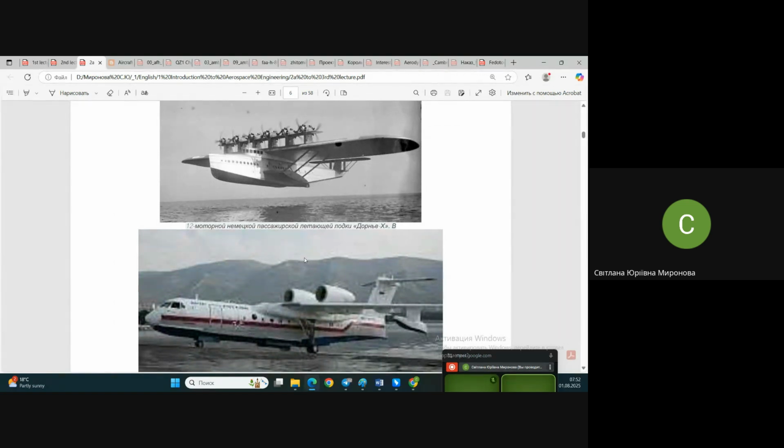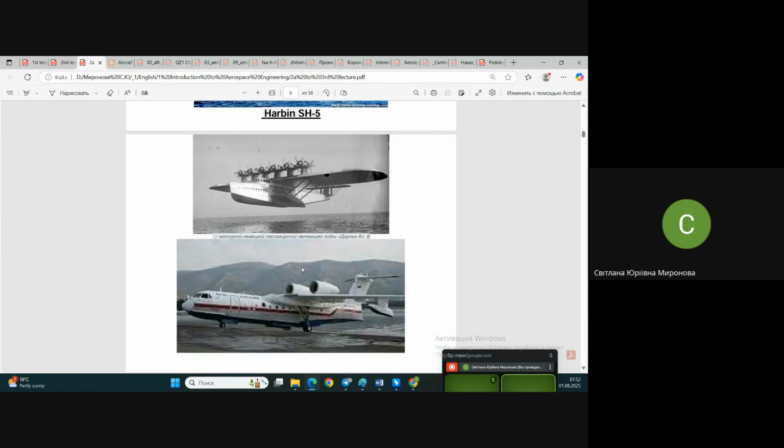And here is a couple of practically the same type, like the flying boats, but at the bottom you see a Beriev airplane. Beriev was known especially for their flying boats and amphibious planes. But here are amphibious planes once again. Why? Because it's able to land both on the water and on the airfield.